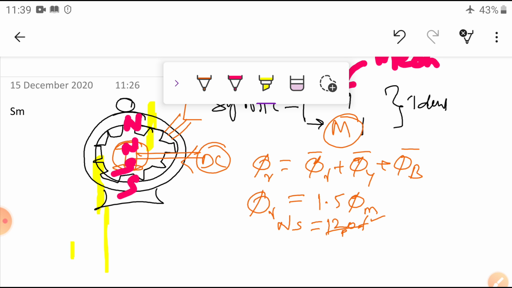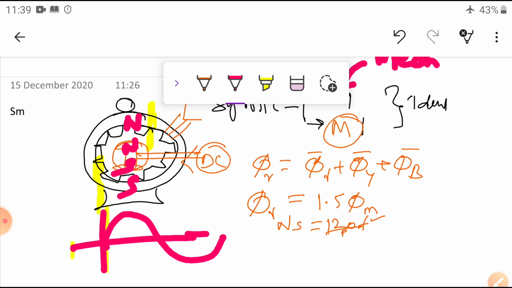Now the stator field, that is the rotating magnetic field, rotates at synchronous speed. Taking the AC supply, positive and negative, during the positive half cycle, let us assume there is a north pole at the stator top and a south pole at the bottom. After the negative half cycle, the top becomes the south pole and the bottom becomes the north pole.